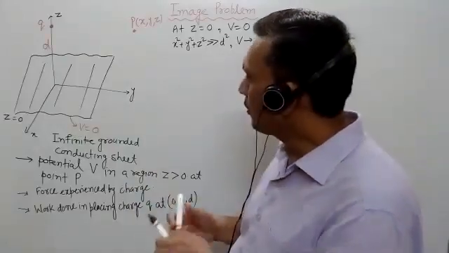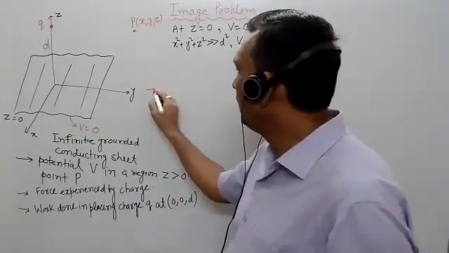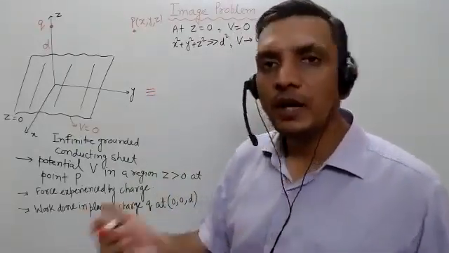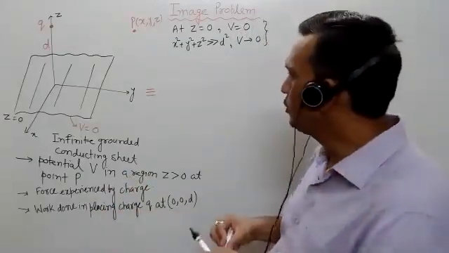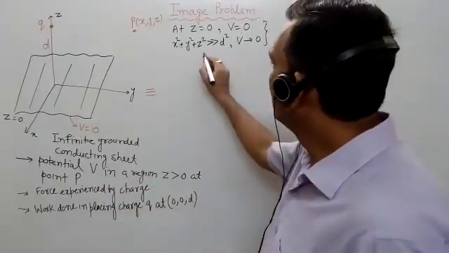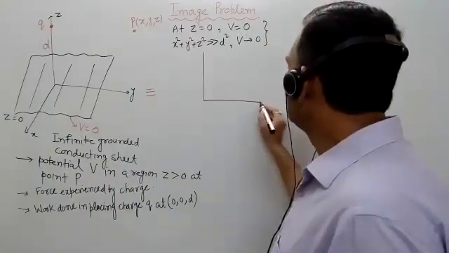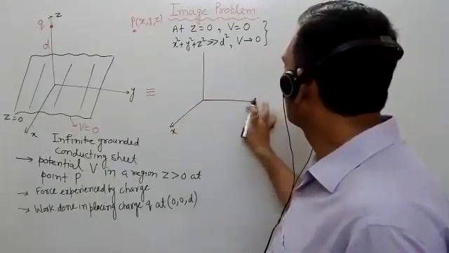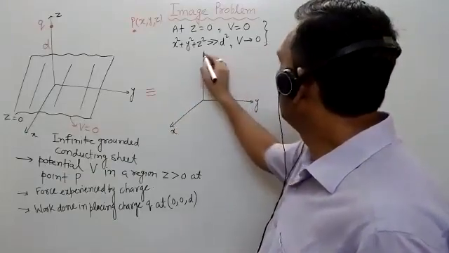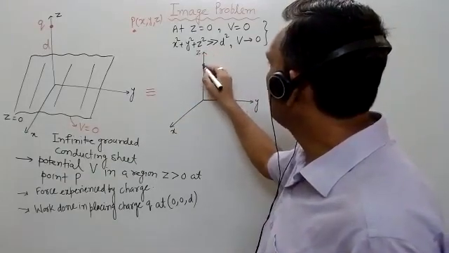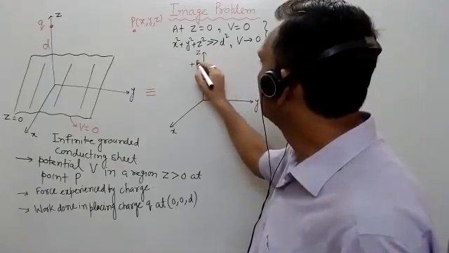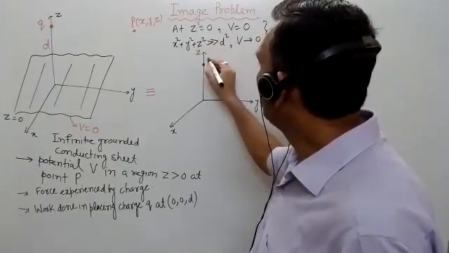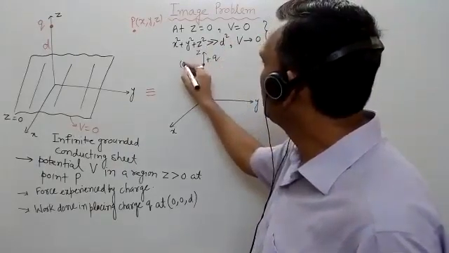So in this approximation, now we will draw an equivalent problem. So what will be the equivalent problem? Let us replace the conducting sheet. So this is plus q charge at 0, 0, d.